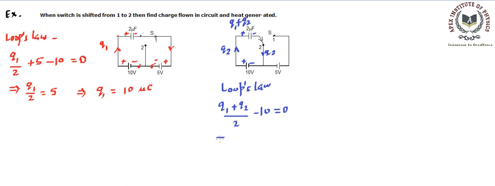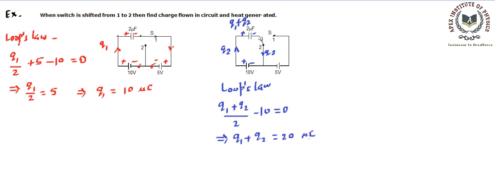From here we find Q1 plus Q2 is 10 into 2, that is 20 microcoulomb.